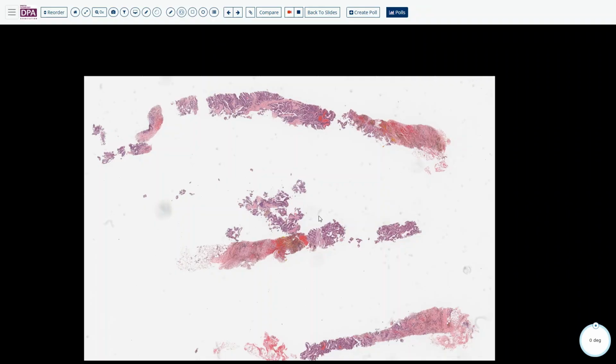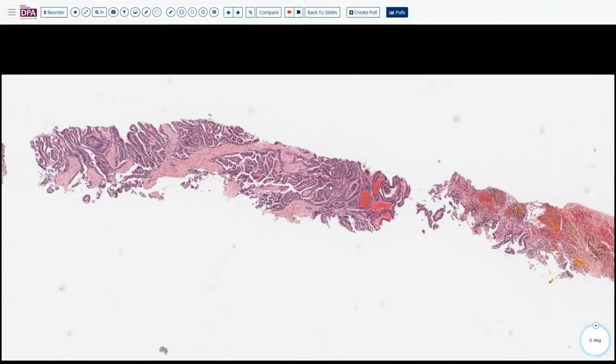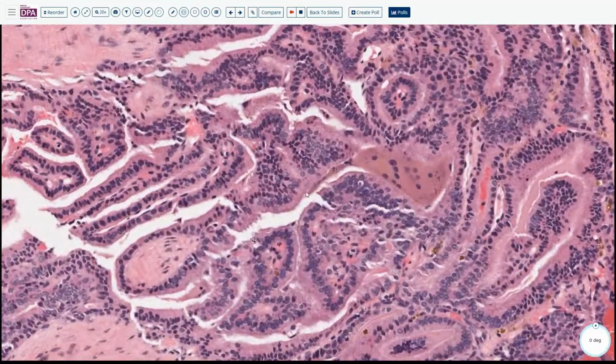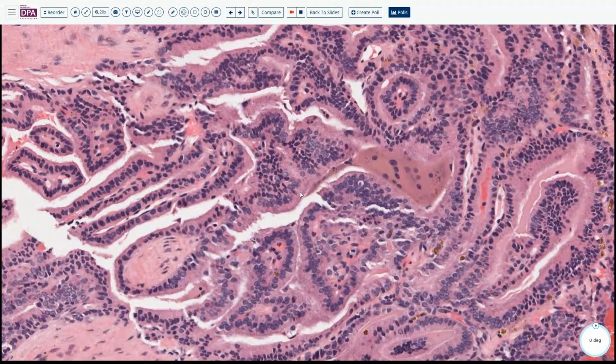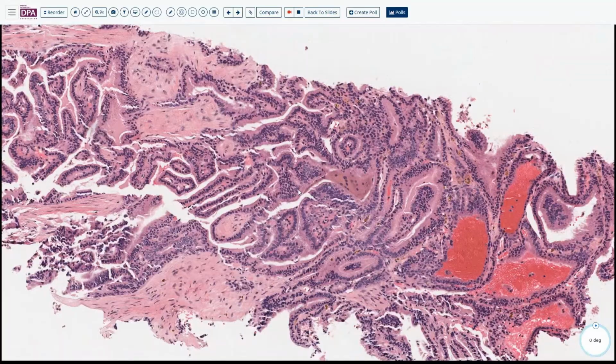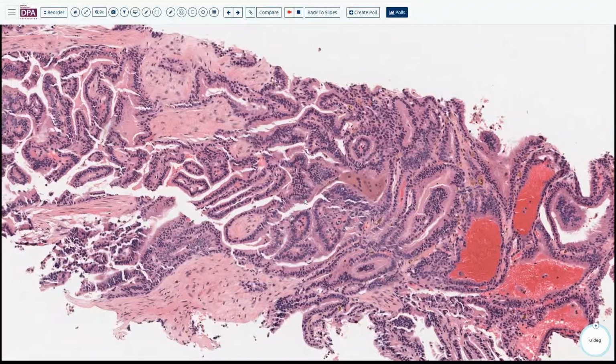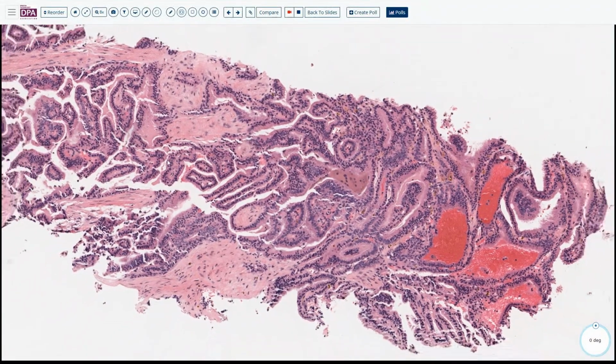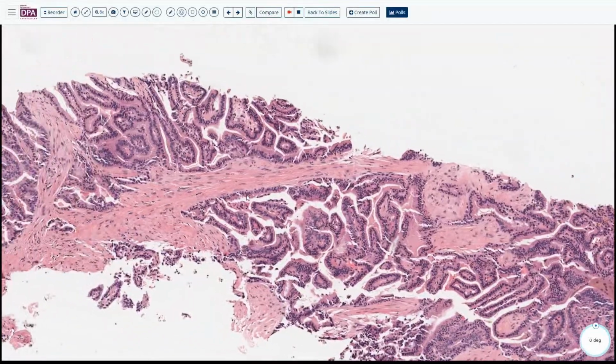So no DCIS, and then this nuclear feature is not that high grade. And then when you do the hormone markers, ER, PR, HER2, all of them are negative. So it will also make you think maybe this is not a breast, because with this low grade cytology feature, they have to be ER positive. But if it turns out to be triple negative, it's really suspicious, not from the breast.